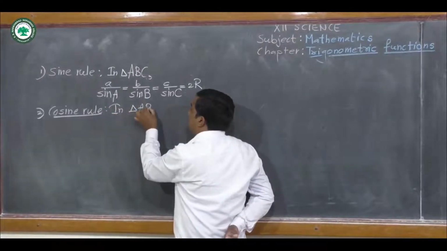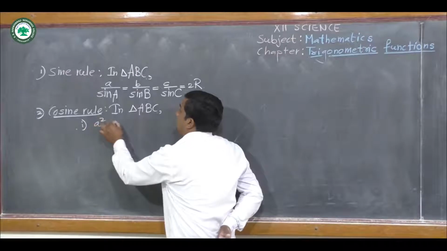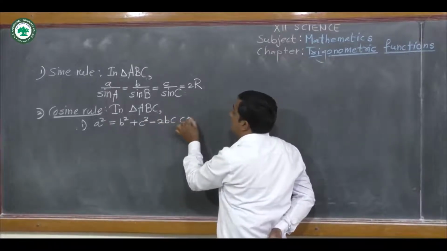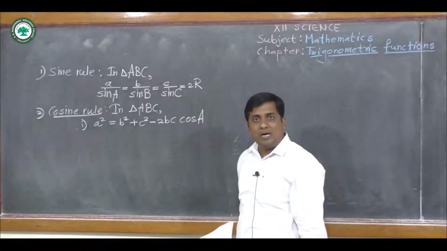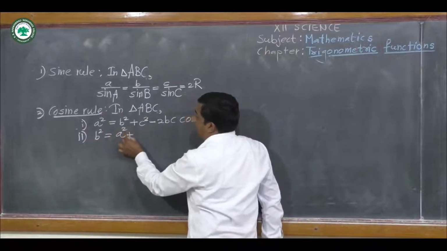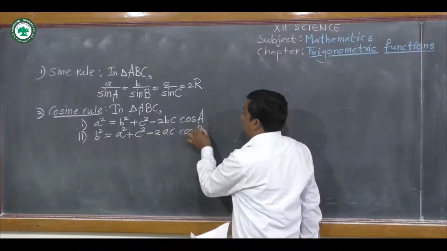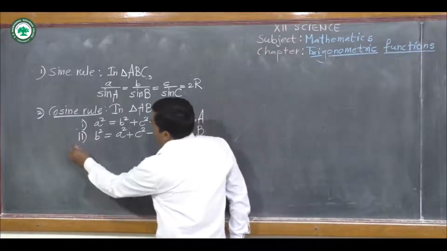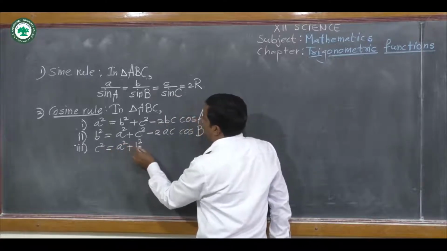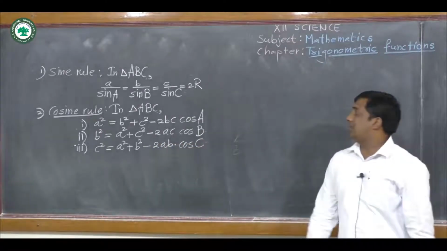In the first case, a square is equal to b square plus c square minus 2bc cos A. Second, b square is equal to a square plus c square minus 2ac cos B. In the third case, c square is equal to a square plus b square minus 2ab cos C. This is the cosine rule.